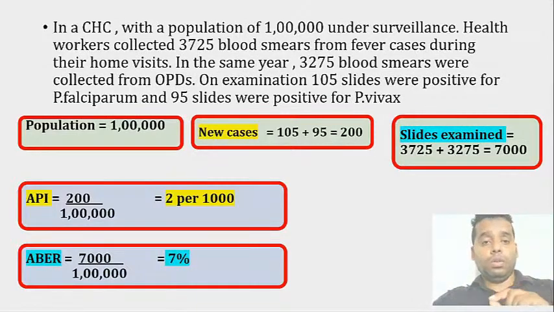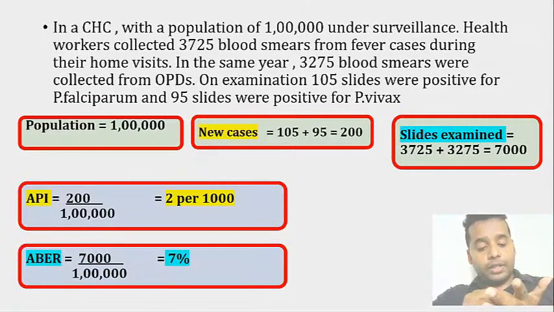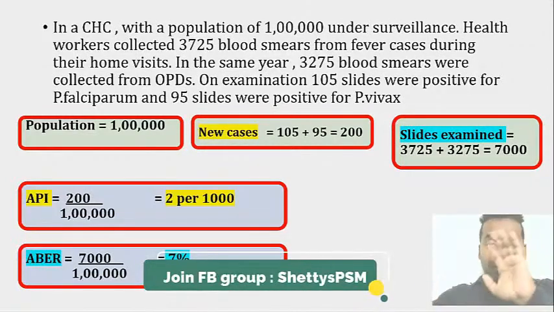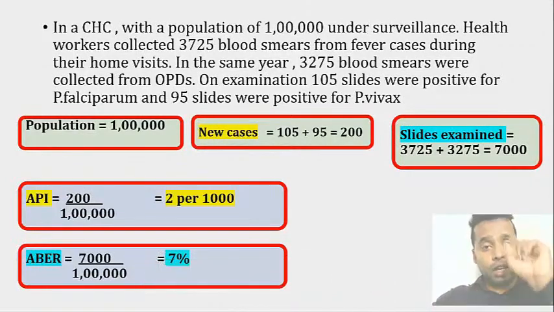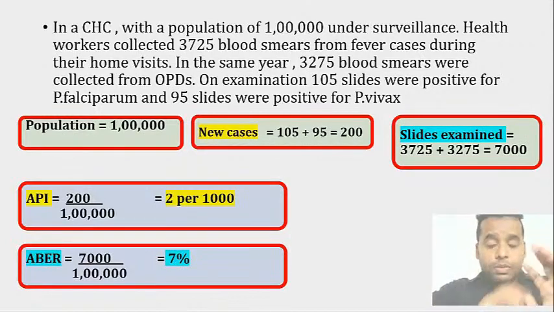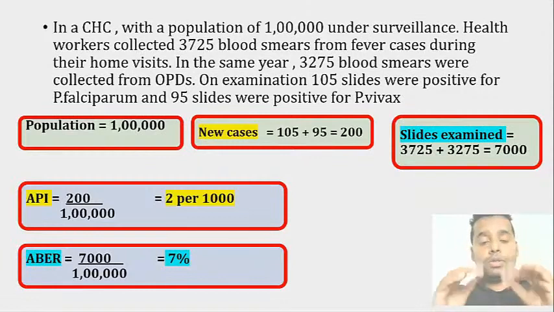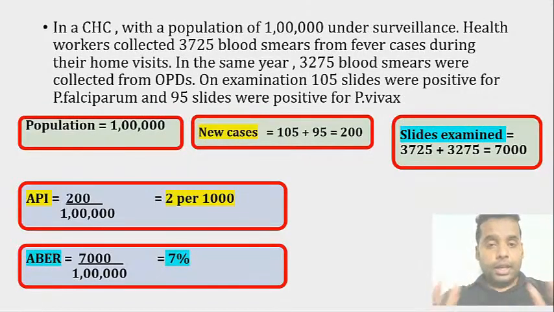Keep a small notebook. Alphabet A, 6 terms: attributable risk, annual parasite incidence. Slowly one by one in the small pocket book. Finally, it will help to revise before the exam, and also to revise the most important terms which are repeatedly asked in the exam.